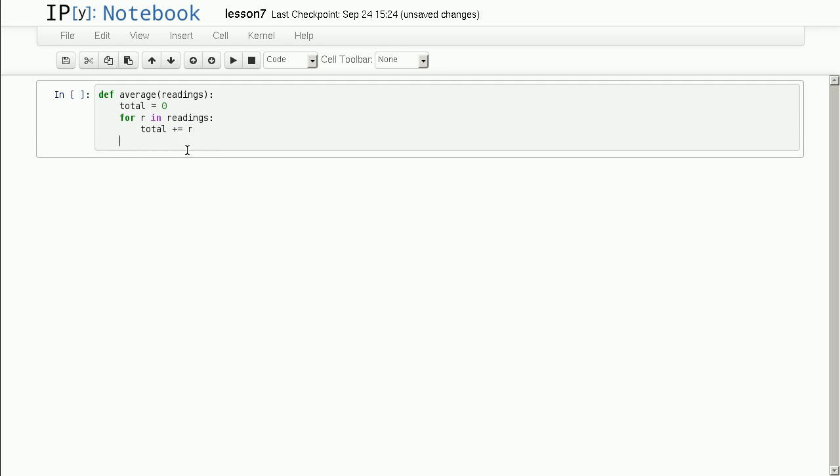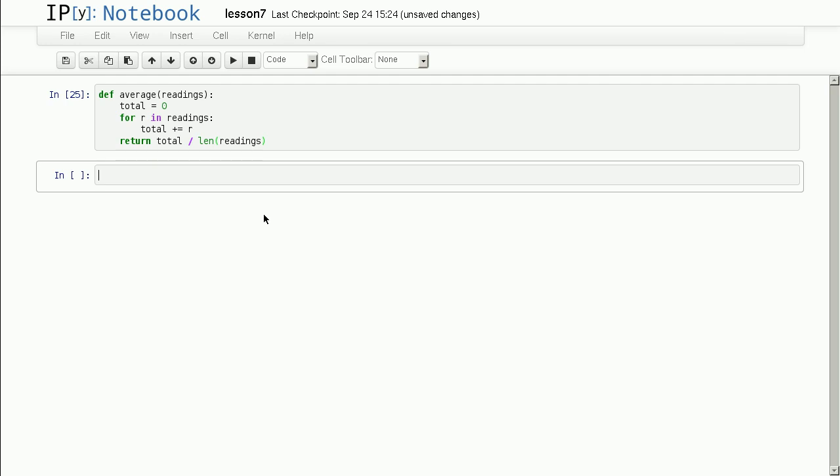So at the end, I can return a result, which is total divided by the number of readings, or the length of readings. Now this is just a simple average. We add them all up and then divide by the number of readings. So let's see what we get when we try this.